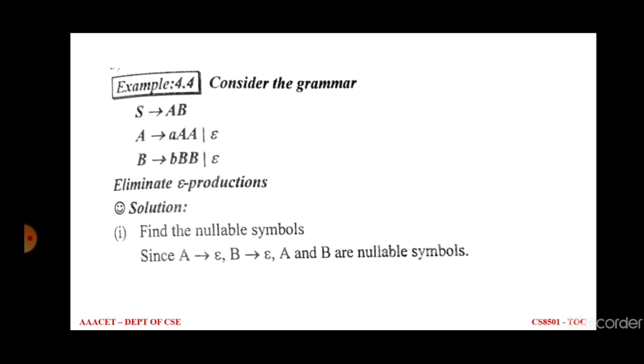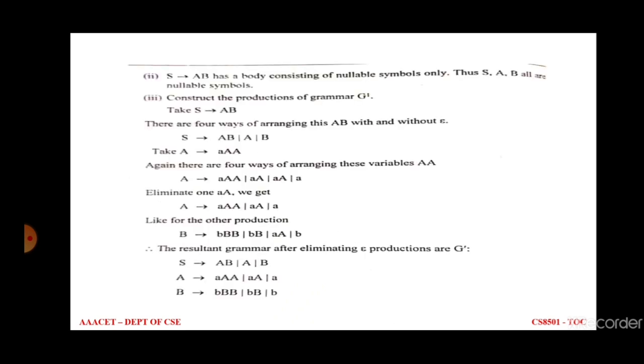First we can substitute epsilon for one A, then for both. If I substitute epsilon for one A, I get small a, capital A. That's why we are writing in the second line capital A tends to small a, capital A, small a, capital A.